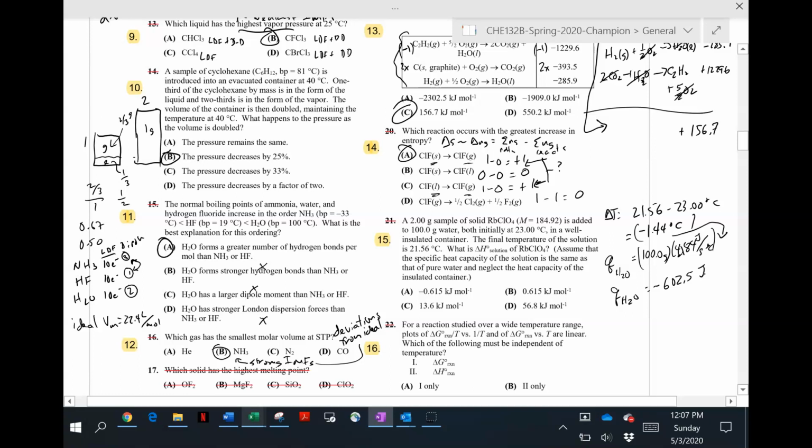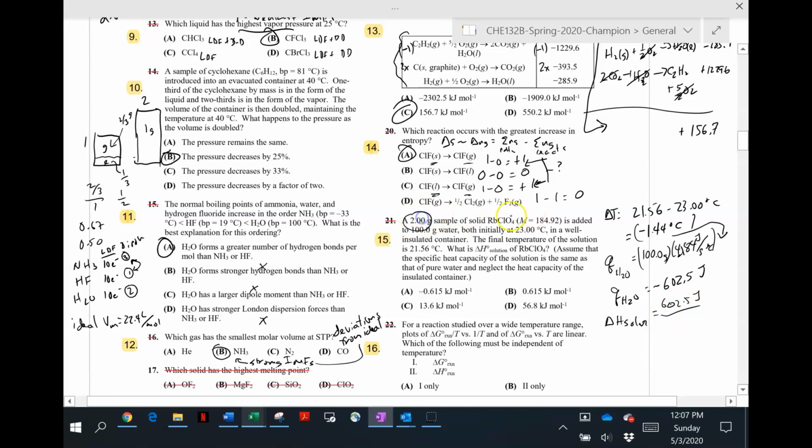So if the water gave off 602.5 joules, that means that the heat of solution is going to be the heat that was absorbed by the rubidium perchlorate, so the 602.5 joules divided by the moles of rubidium perchlorate. So we have to figure that out.